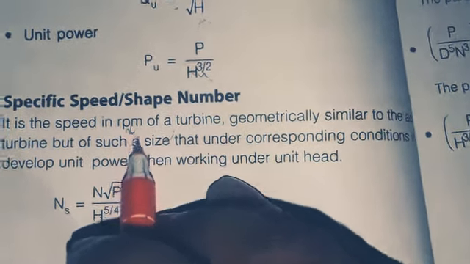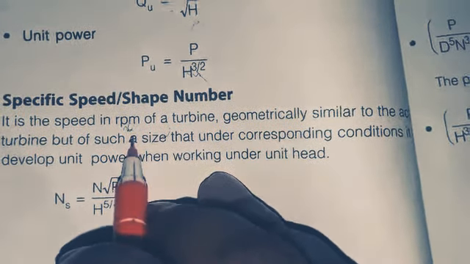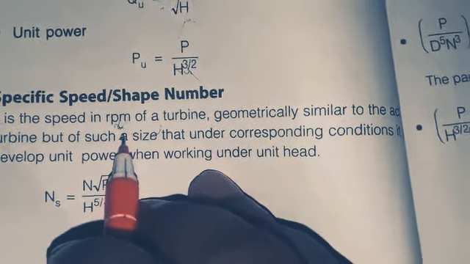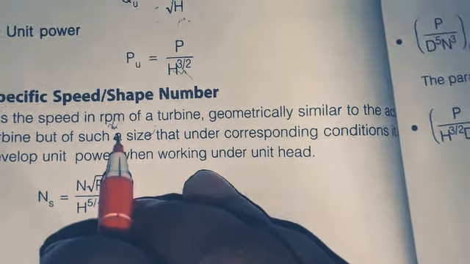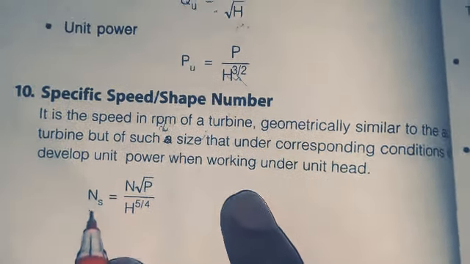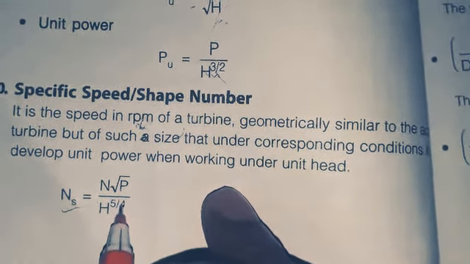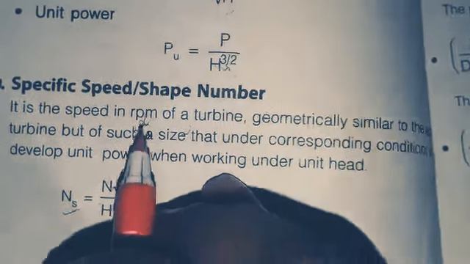Specific speed of the turbine may be defined as the speed of a geometrically similar turbine which delivers unit power under unit head, and this formula Ns is equal to N under root P upon h to power 5 by 4 is for hydraulic turbine.